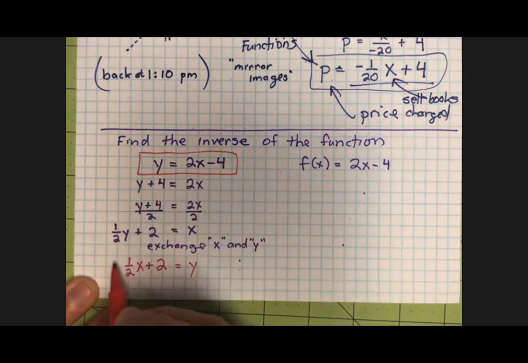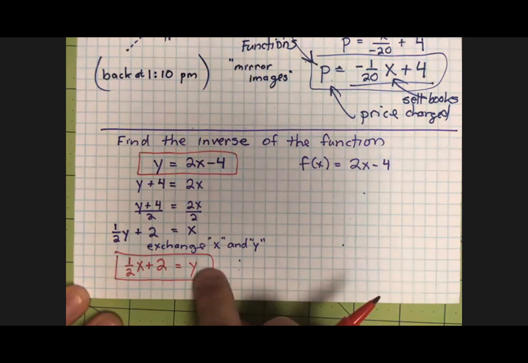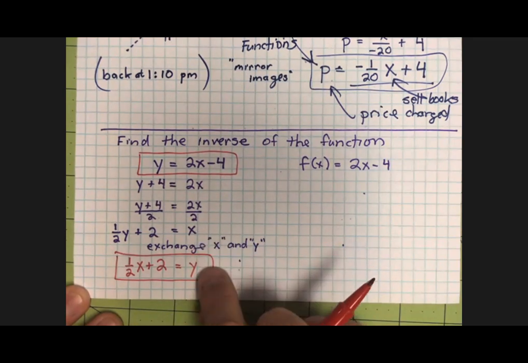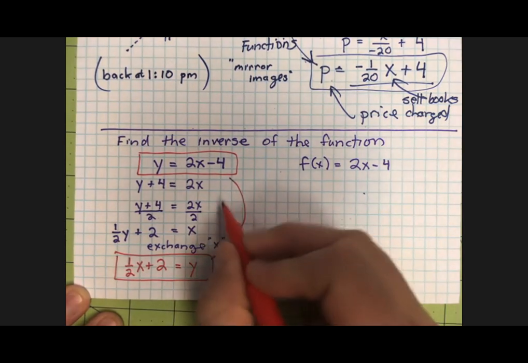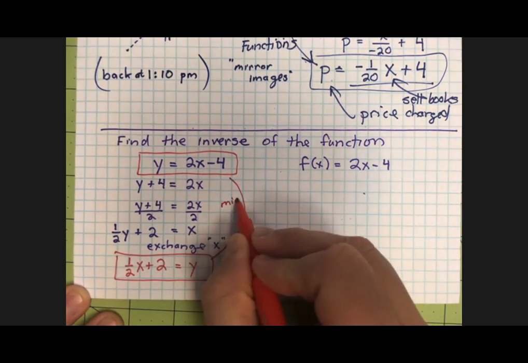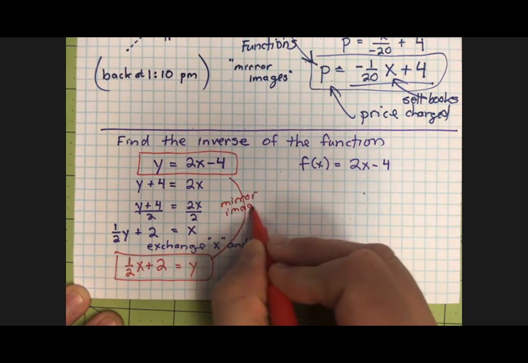What I want to show you is by switching the x's and y's and solving for y, or I could say solving for x and then switching the x's and y's, either way, I've created two functions that are mirror images of each other.